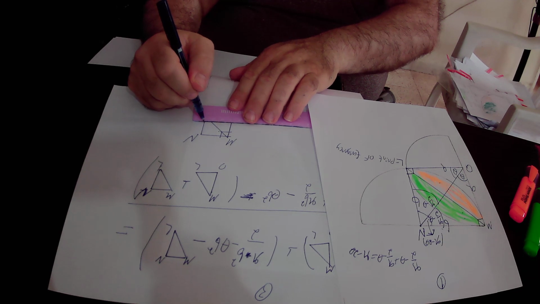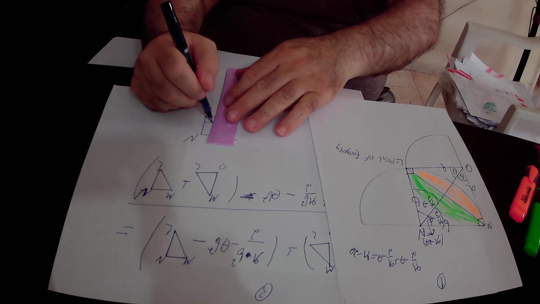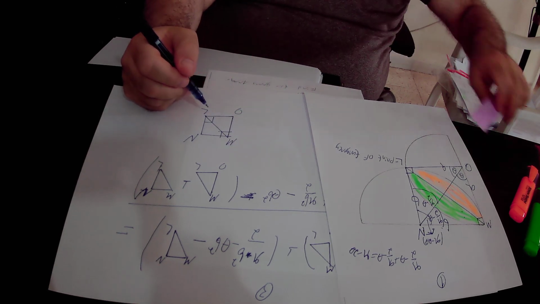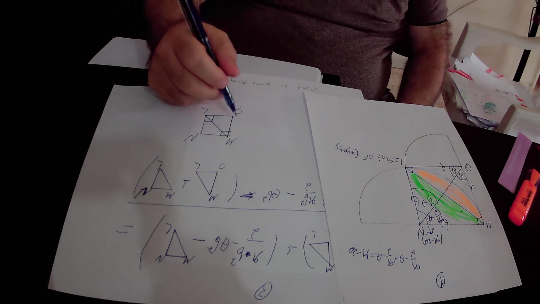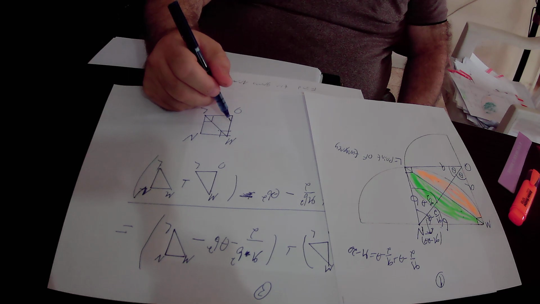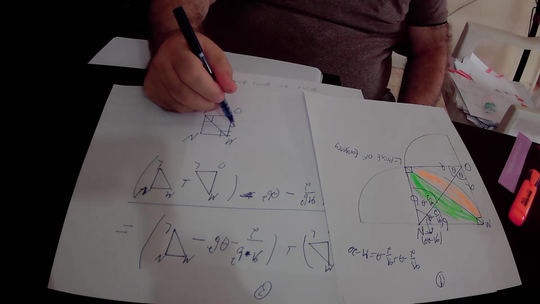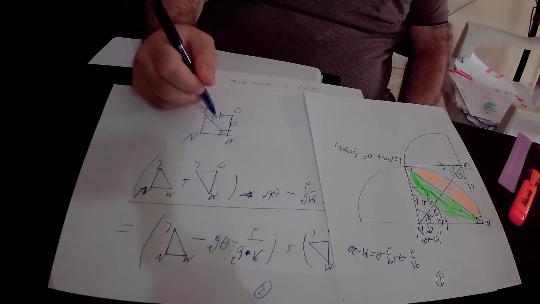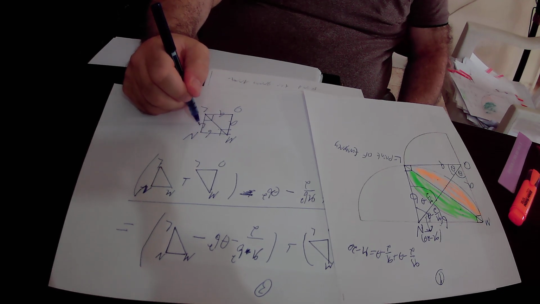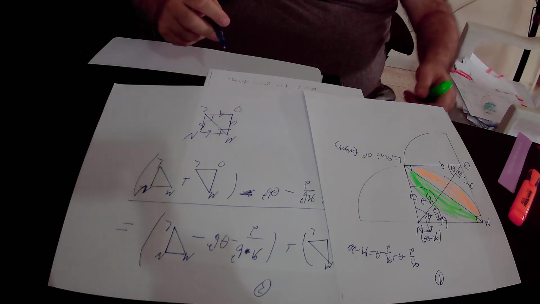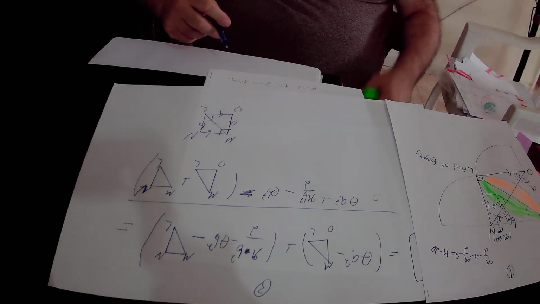This angle equals 90 degrees. So we combined the two triangles together.